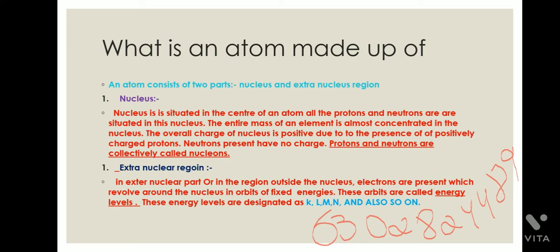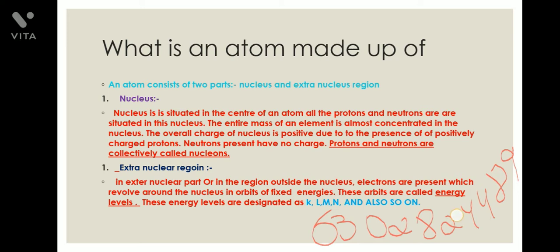K, L, M, N are the shells of the extranuclear region, and the extranuclear region is the extra part outside the nucleus. In this region, electrons are present and revolve around the nucleus.